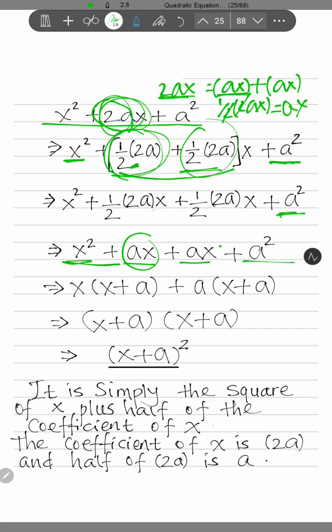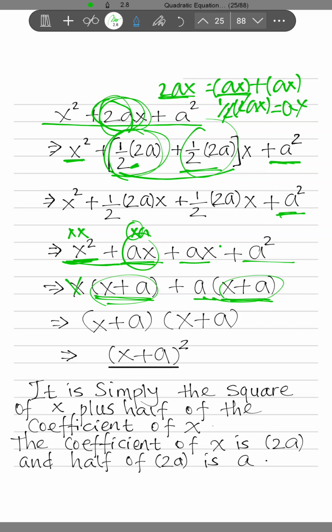Now, once we have this, the common term between x squared and xa is x. So x into x plus a, plus a into x plus a. I need two identical factors here.